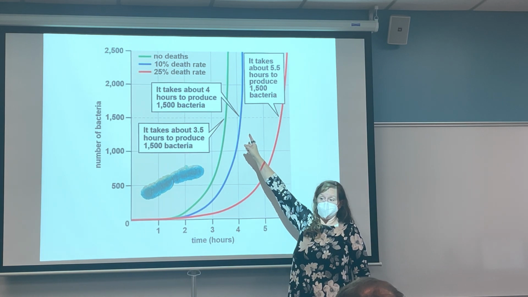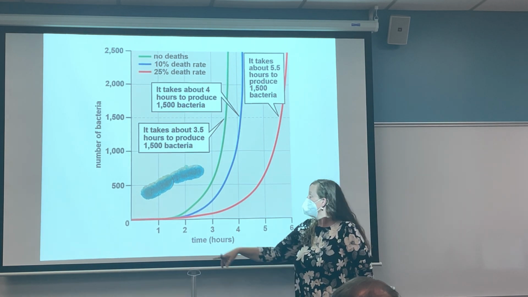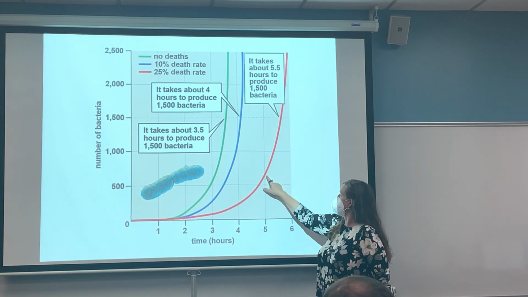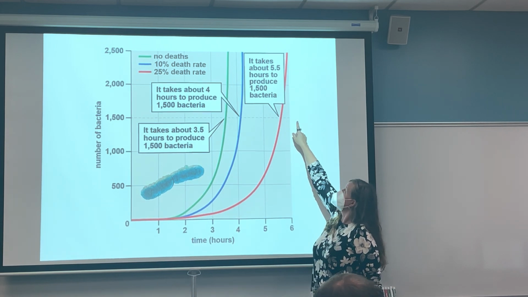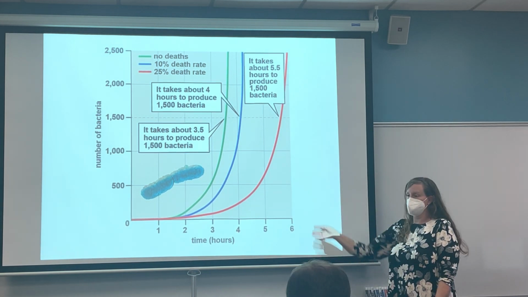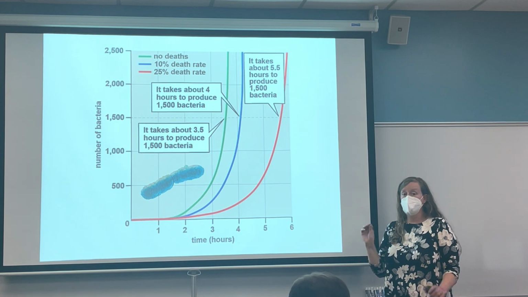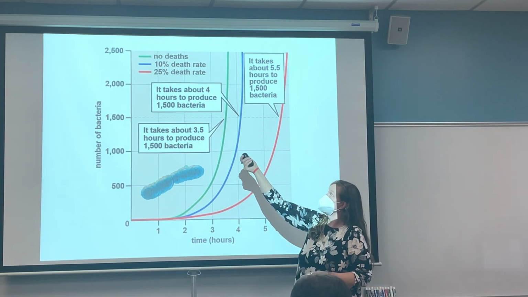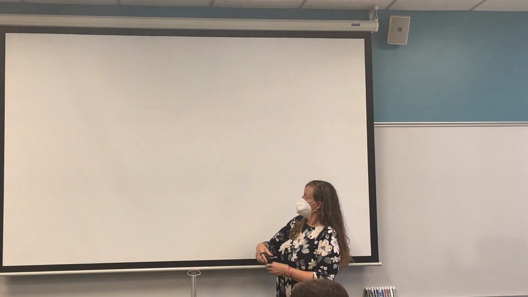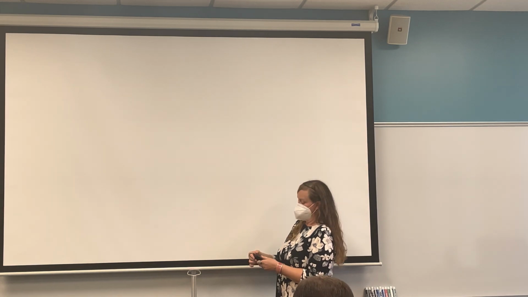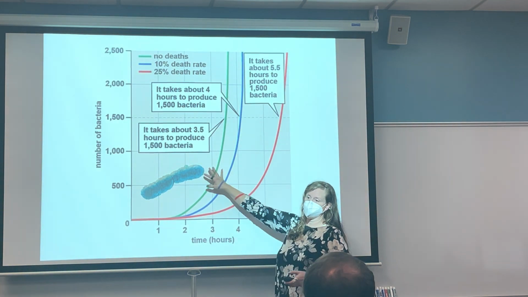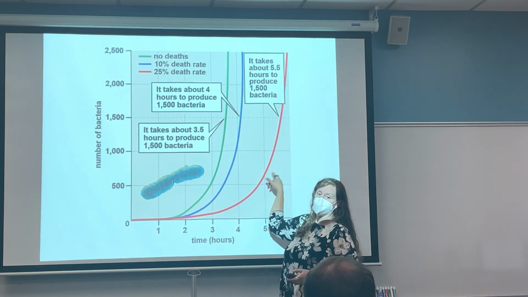If you have a quarter or 25% death rate, it takes a little bit longer, about 5 to 6 hours before you start to get that taking off. So those environmental resistance factors can elongate your exponential growth.